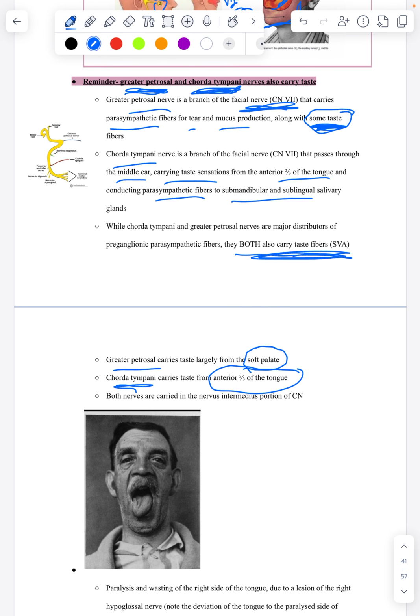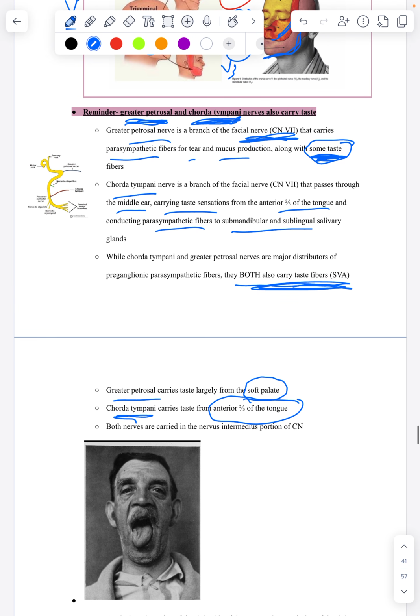The difference between, so we have a greater petrosal nerve and a lesser petrosal nerve. These come from different cranial nerves, just like how, remember, we had superior thyroid and inferior thyroid, and they came from different arteries. So greater petrosal comes from cranial nerve 7, or facial.